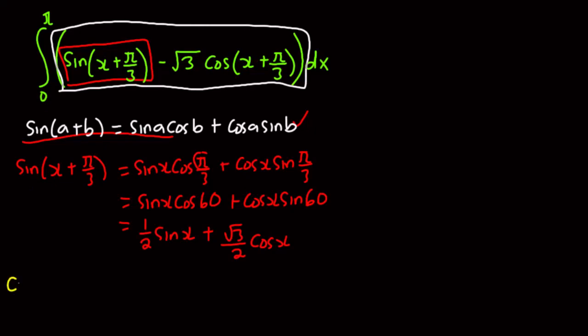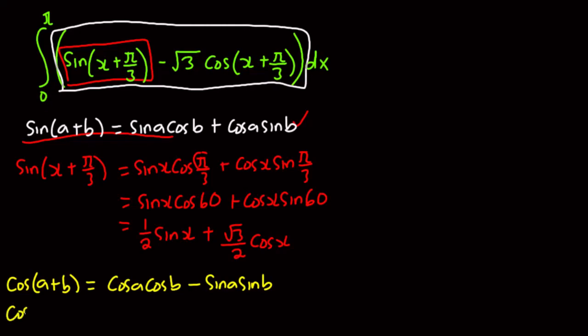From the same principle of compound angles, if I have cos(A + B), this is the same as cos A cos B minus sine A multiplied by sine B. I'm going to use this principle to expand cos(x + pi/3), where in this case my A is x and B is pi/3.